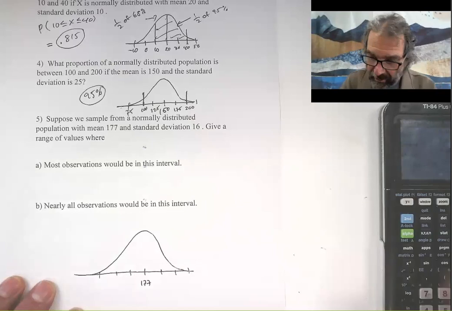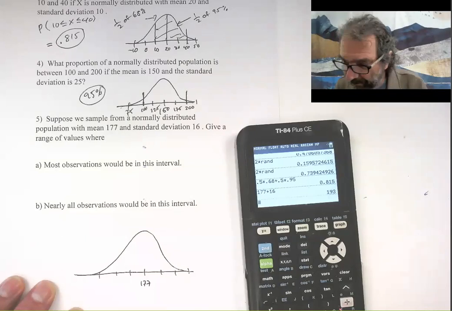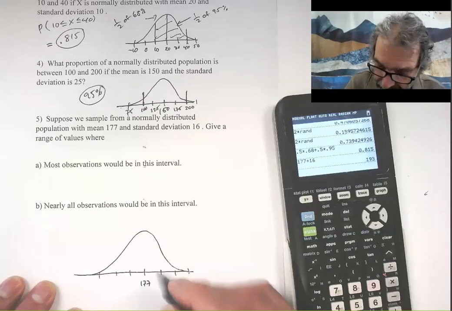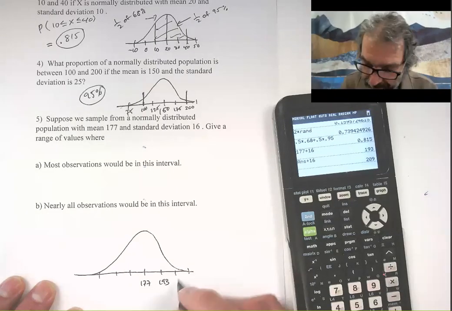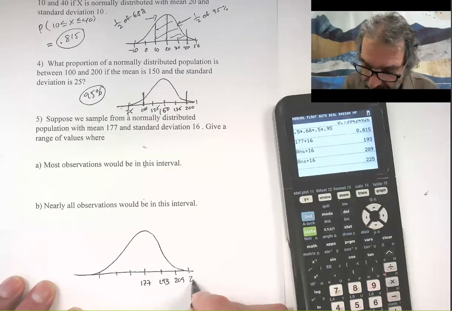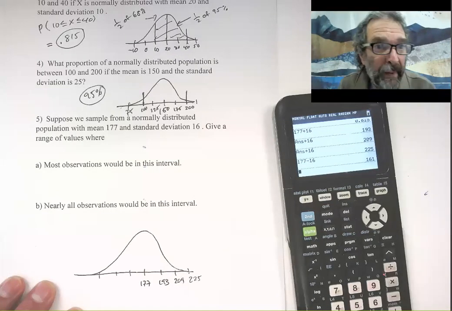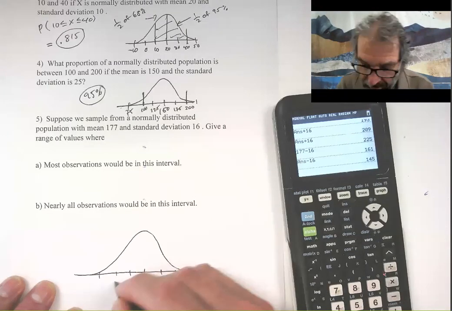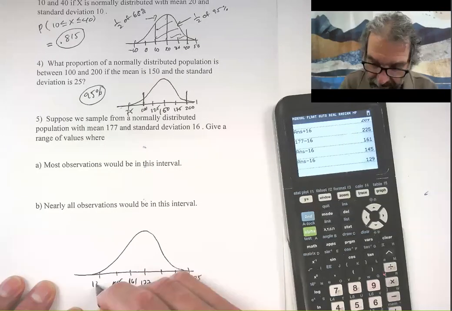So we'll take 177, add 16, we get 193. Add 16 more. These are not nice numbers. 209. Add 16 more to get 3 standard deviations, 225. I think 177 minus 16 to get 161. Subtract off 16 more, 145. And minus 16 more, 129.